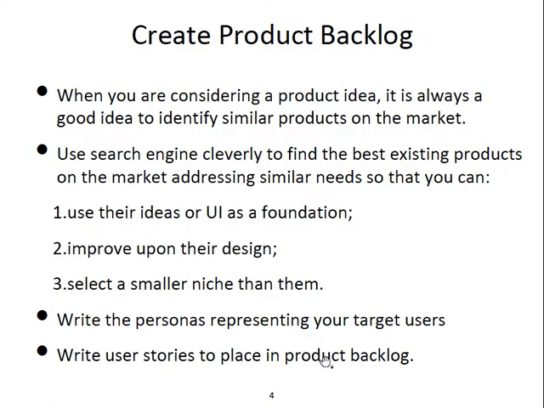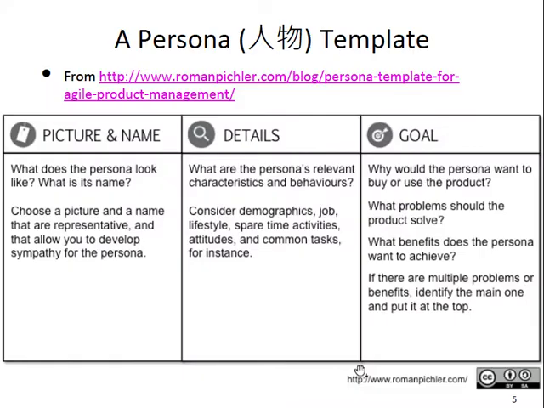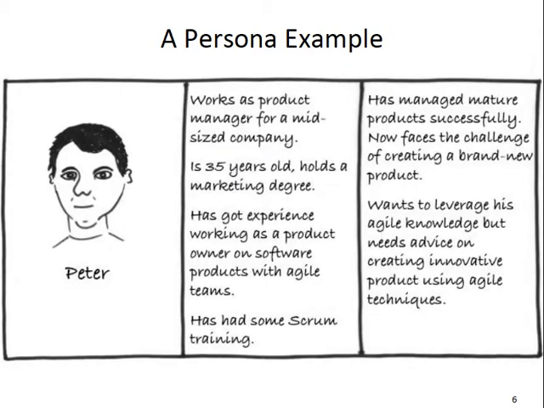And remember, when you write user stories, try to associate a priority to it and also some preliminary effort. So what is persona? The word persona, let's see a true example first. You try to imagine that there may be a user for your product.